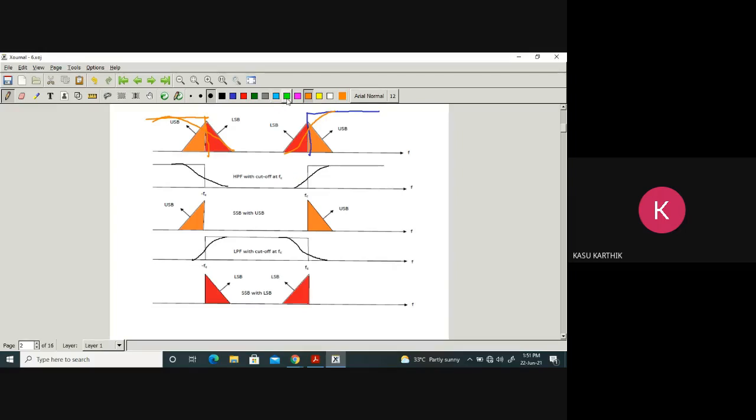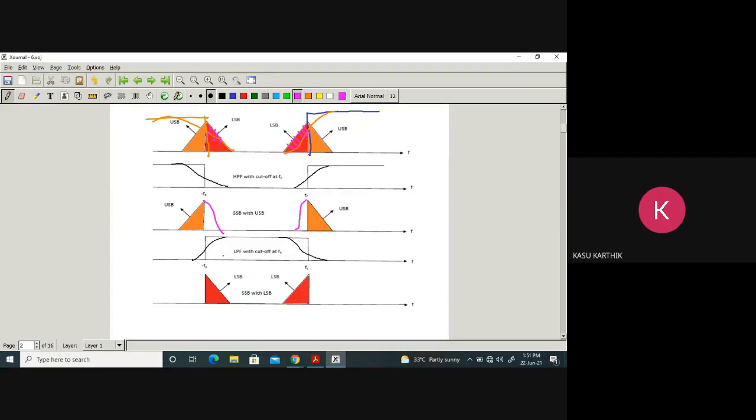If the filters are practical filters, you get some portion of the other sideband also, isn't it? You can observe here. This portion also you will get. This portion also you will get.